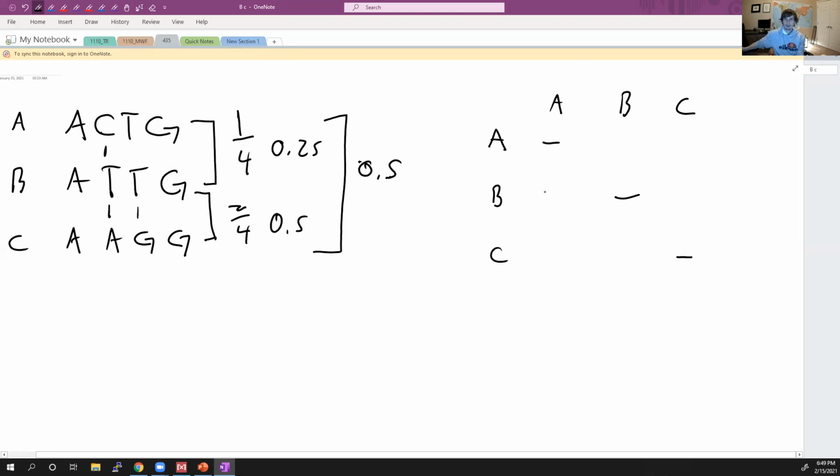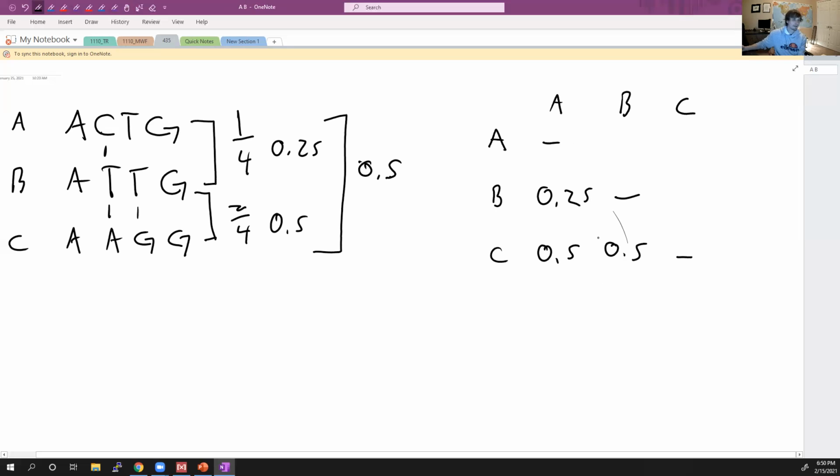But A to B is going to be 0.25, A to C is 0.5, and B to C is 0.5. We could do the same thing on the other side, but the numbers are going to mirror each other, so there's really no reason to fill out both sides of a pairwise matrix. But these are going to be our distances.